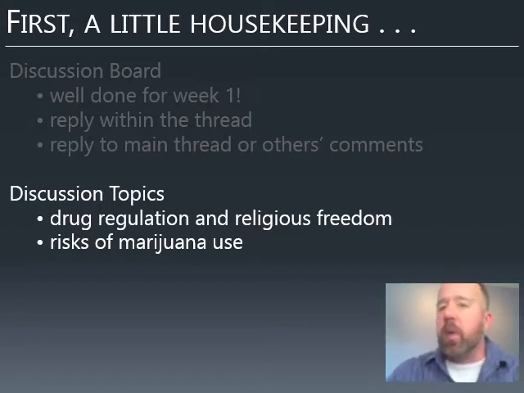What are the long-term consequences of marijuana use? There are other social effects that have nothing to do with the psychoactive effects of the drug. And so the risk of drug use, we shouldn't just think of that in terms of lethal overdose. There are lots of consequences of drug use, and we'll see both positive and negative what some of those are as we go through this course.